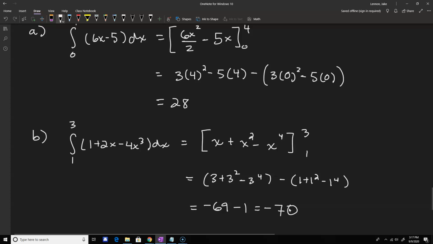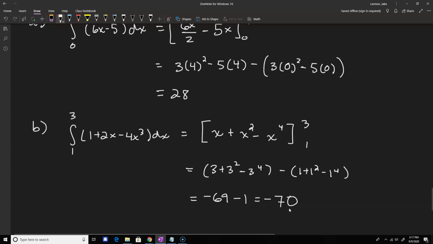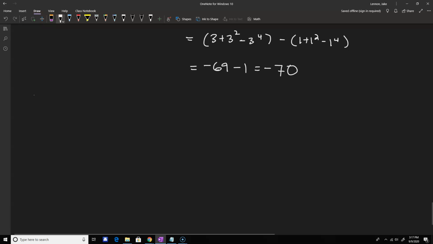Okay, let's do just a few more that involve some of the other rules. Let's say maybe we have the antiderivative from 1 to 9 of 4 square root x dx. So again, remember a lot of times when you have radicals, it's worthwhile to convert them to their exponent notation. So the square root of x is the same as x to the 1/2.